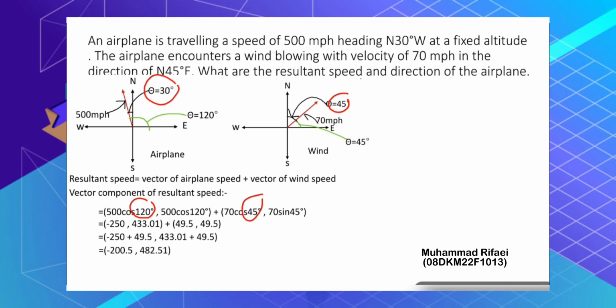And then we got the answer, which is negative 200.5 and 482.51 for the horizontal and vertical components of the resultant speed. And now we can calculate the resultant speed using the formula to calculate the magnitude of a vector. And then we got the answer, which is 522.5. Okay, so let's move on.